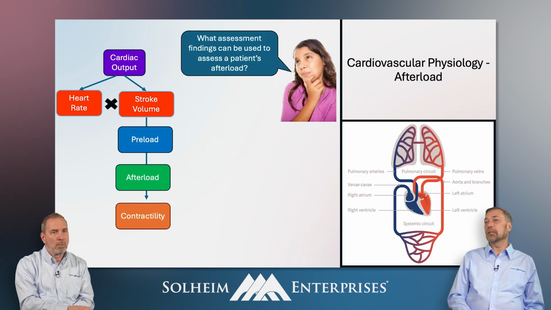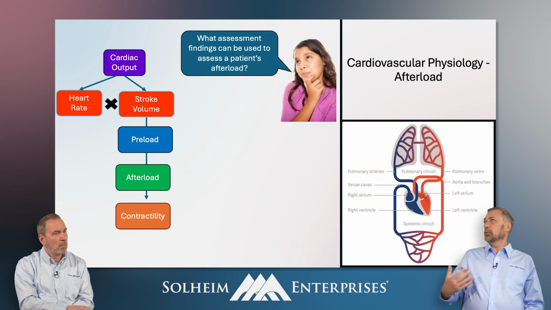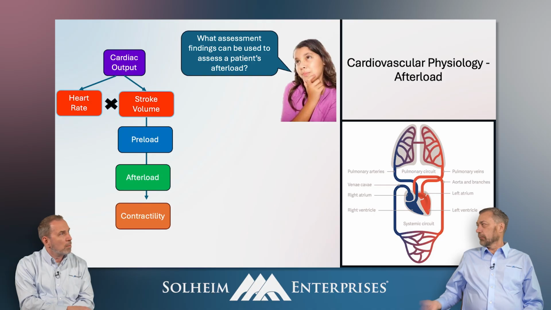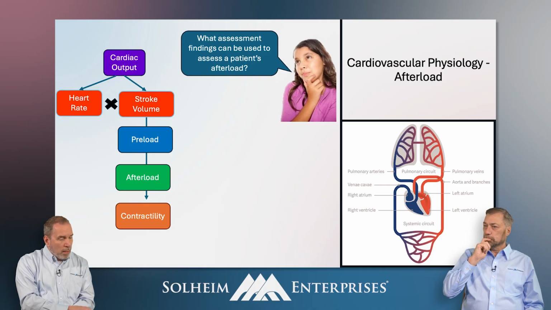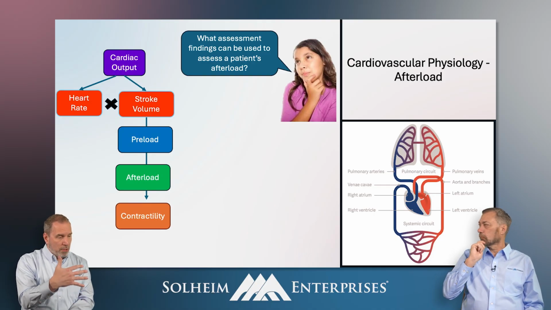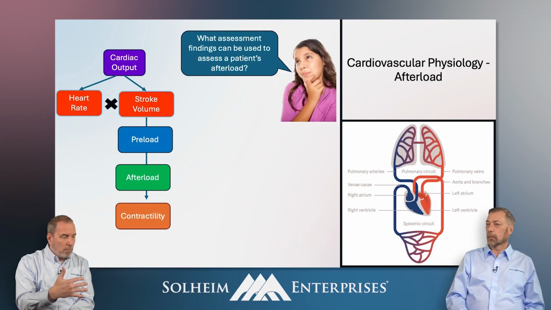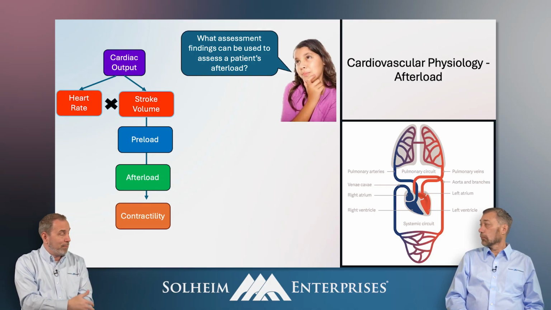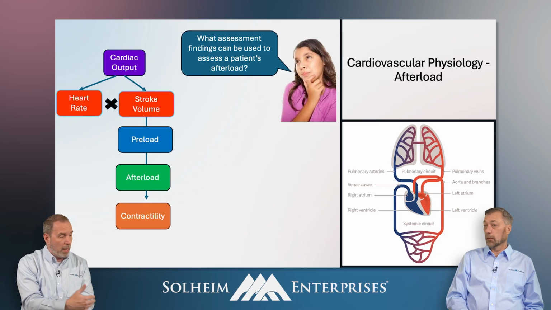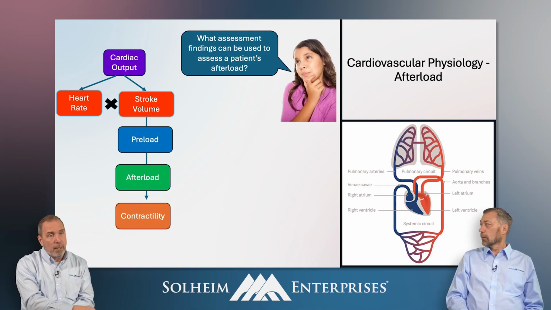Now, what assessments might you use to measure afterload? Well, so you're going to look at the resistive force going where it's going into. So you could do the same things, like you could look at perfusion, right?